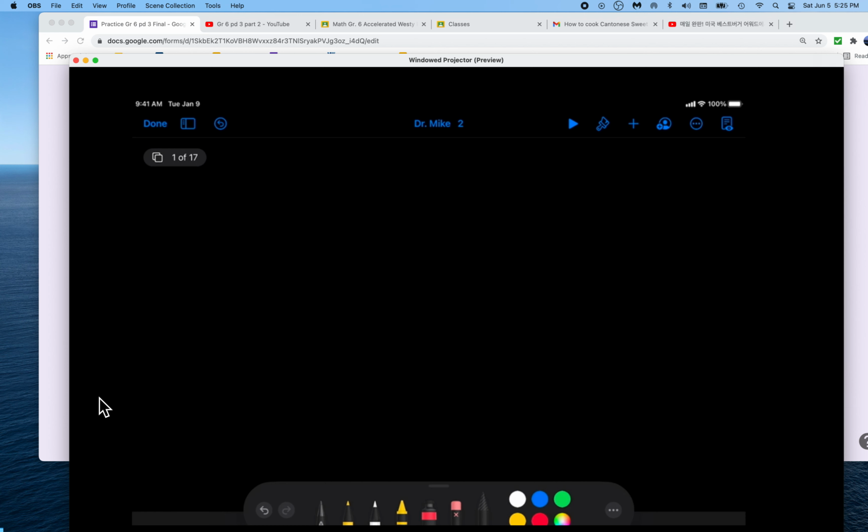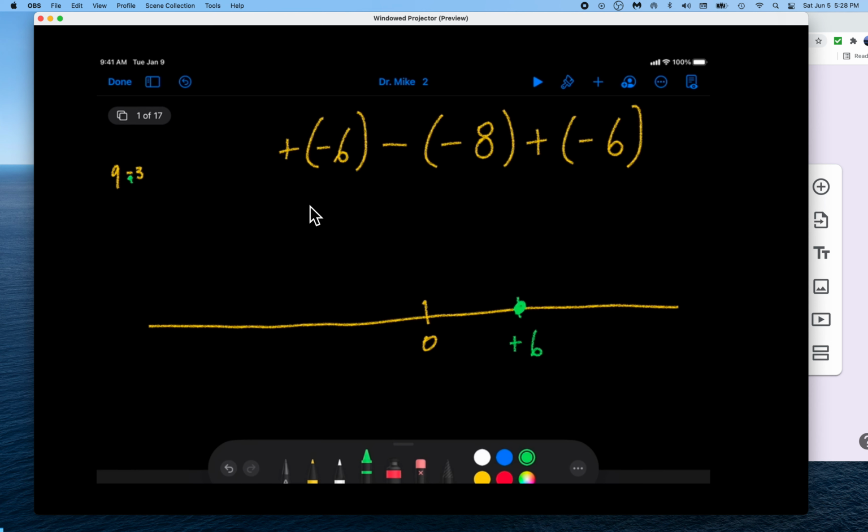Now, because we're at positive 6, I'm going to erase this original spot. We are now at positive 6. Now, look at this. We have a plus sign and a minus sign. Which way do we face? If we honor the plus sign, we would be facing this way on our next move.